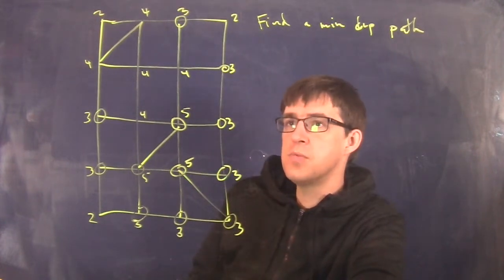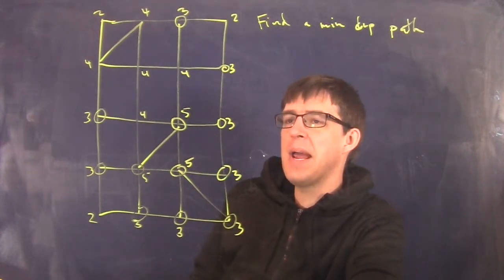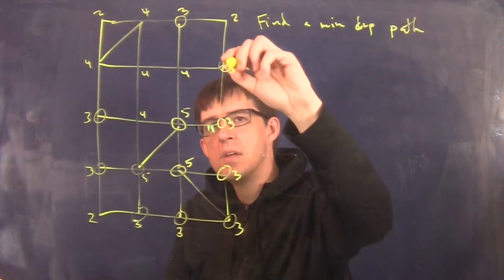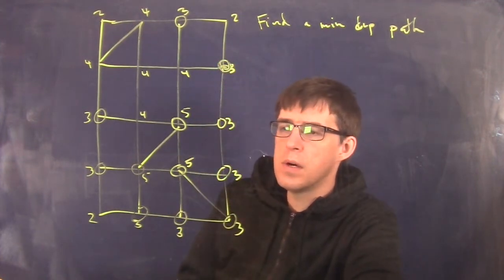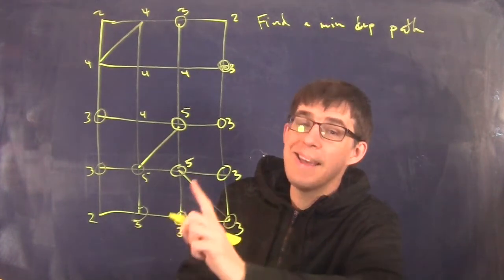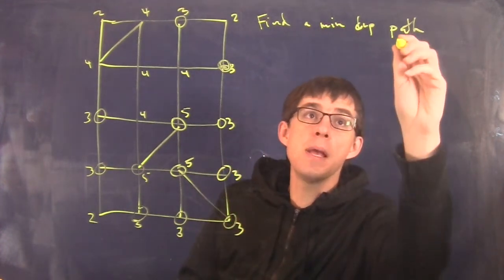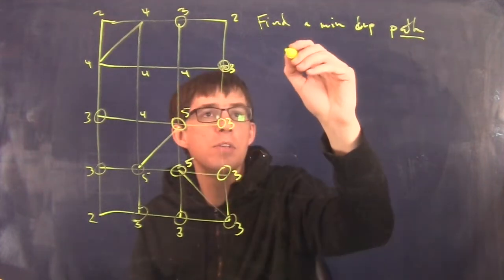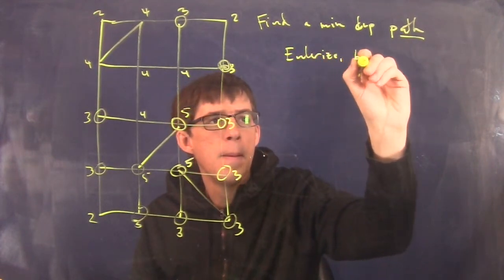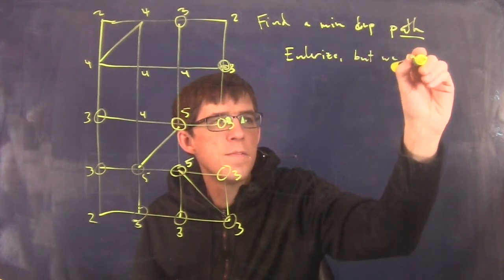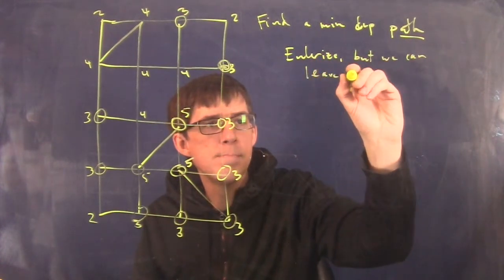What you would like to do is pair up the odds, joining them together in order to turn them all even. Since I said minimum duplication path, we're going to Eulerize in the usual way, but we can leave 2 odds.